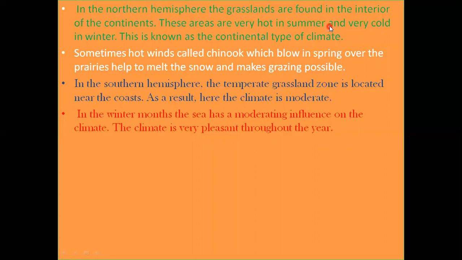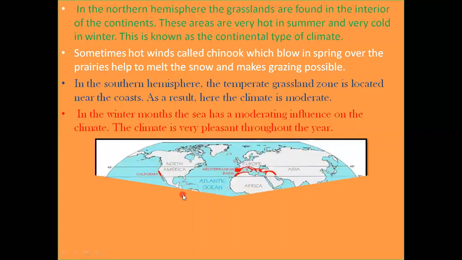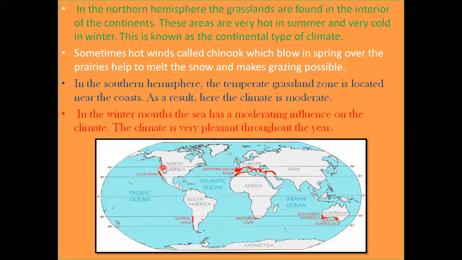The northern hemisphere grasslands are found in the interior of the continent, children, meaning inside the continent. It is very hot in the summer season and very cold in the winter season.